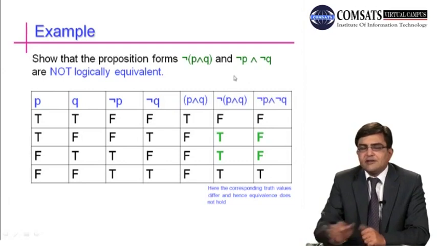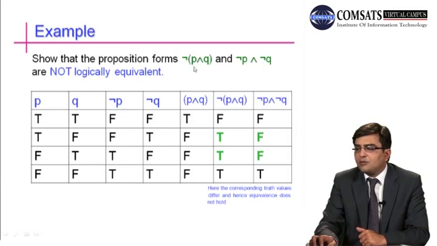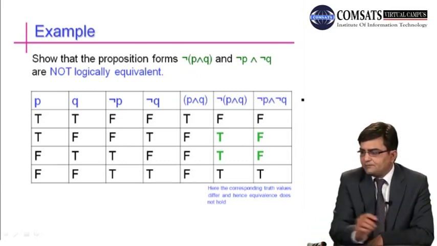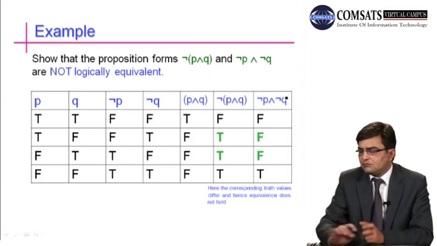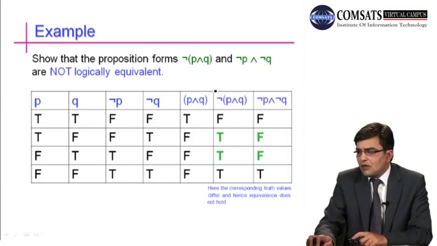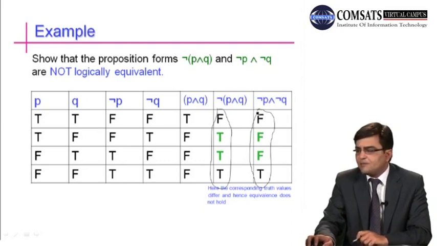Now we have constructed the truth table for both compound propositions given in the question. We can see these two columns corresponding to the two compound propositions which we are required to prove equivalent.